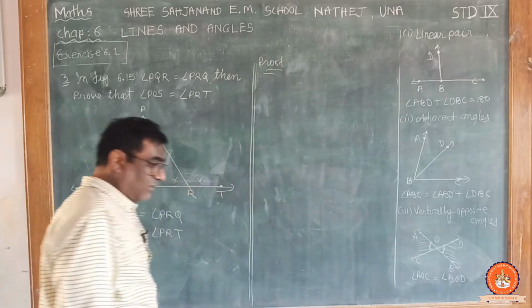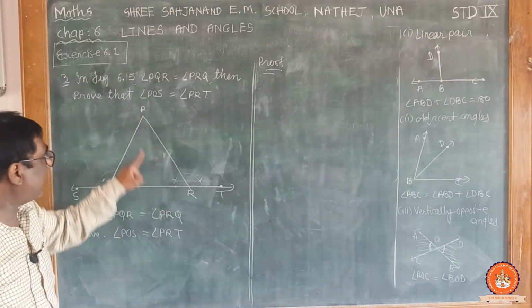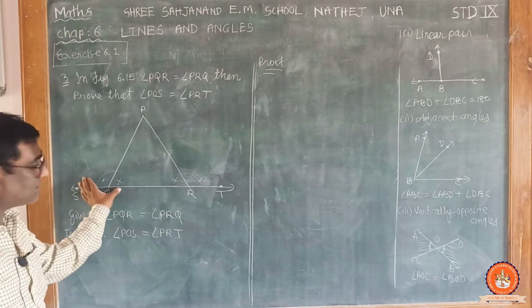Okay, now my friends, we know that angle PQS and PQR form a linear pair.